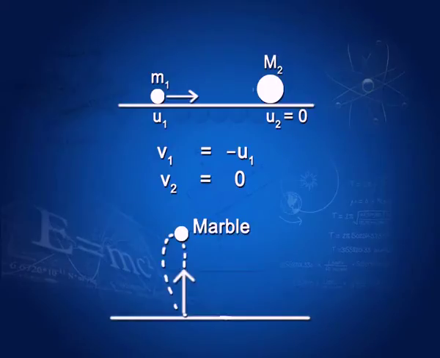This can be experienced if you take a marble and drop it on a hard floor. What would happen? It will go right down to this point. This is our massive mass, which is stationary, u2 is 0, and this rebounds and goes up.